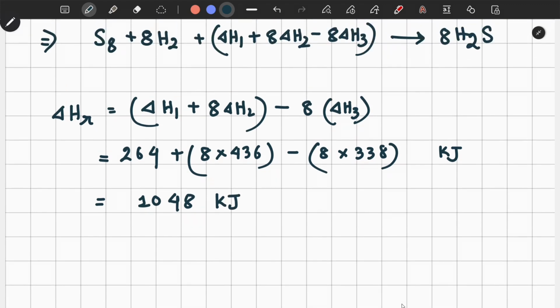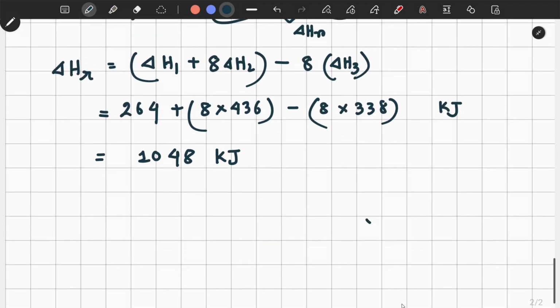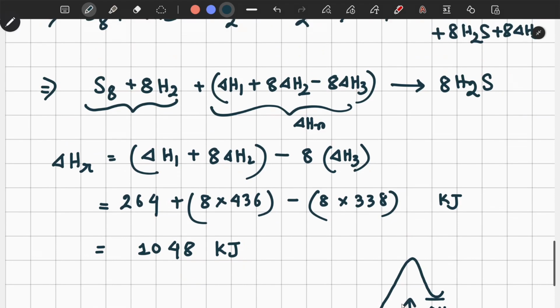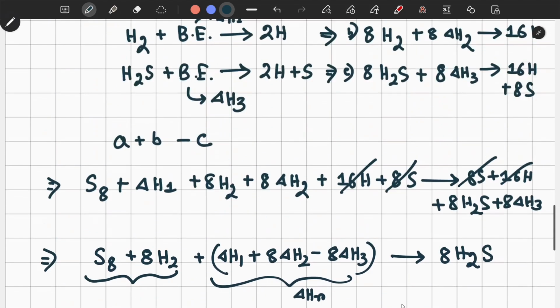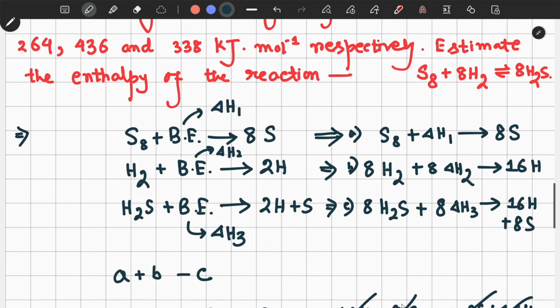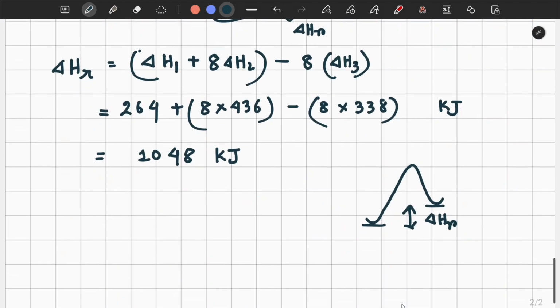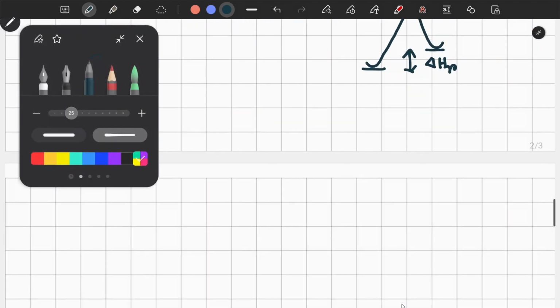That means these are the reactants, and if you give the delta H R amount of energy, then it will be converted to the product. So this is the delta H R, and that means delta H R is positive. Directly you can do it, but I just wanted to construct the formula. I think it's clear, right?